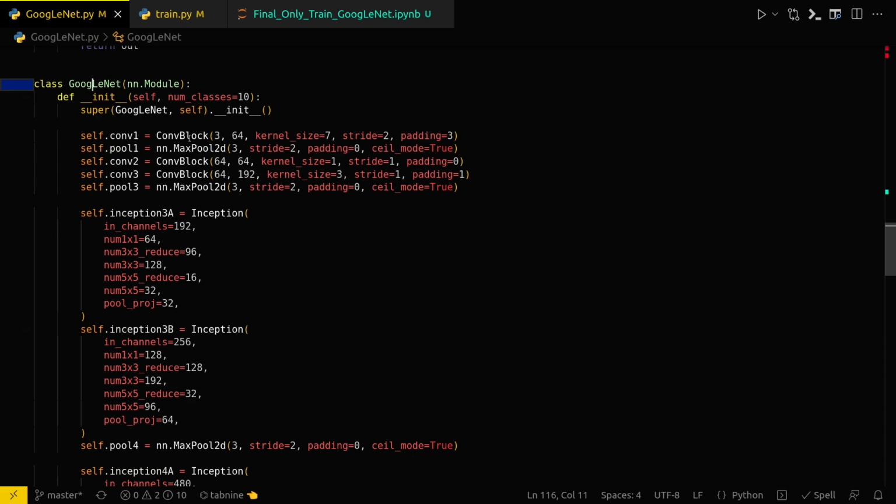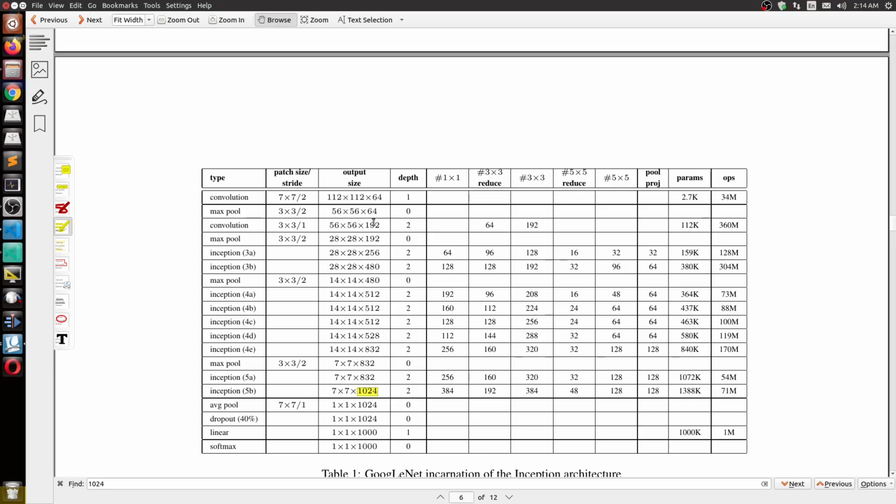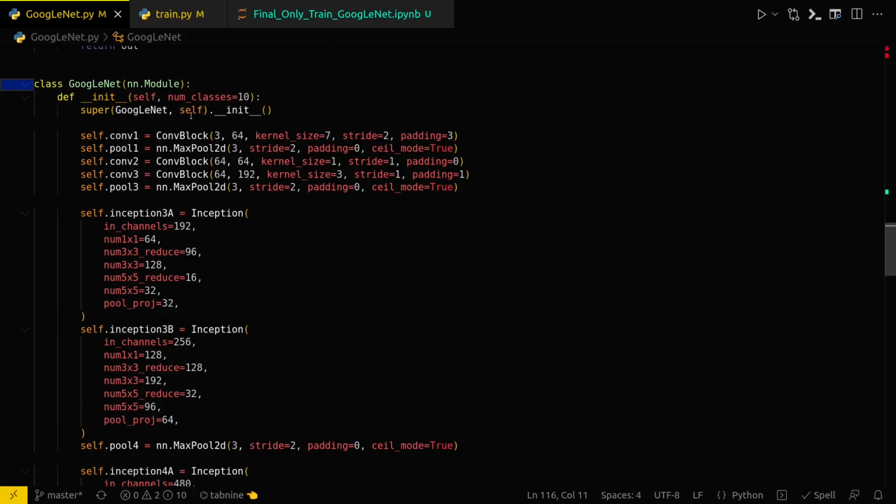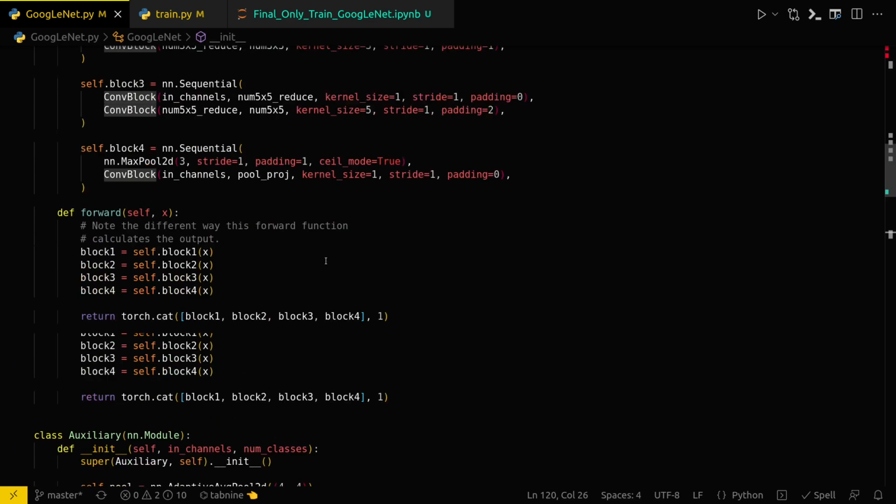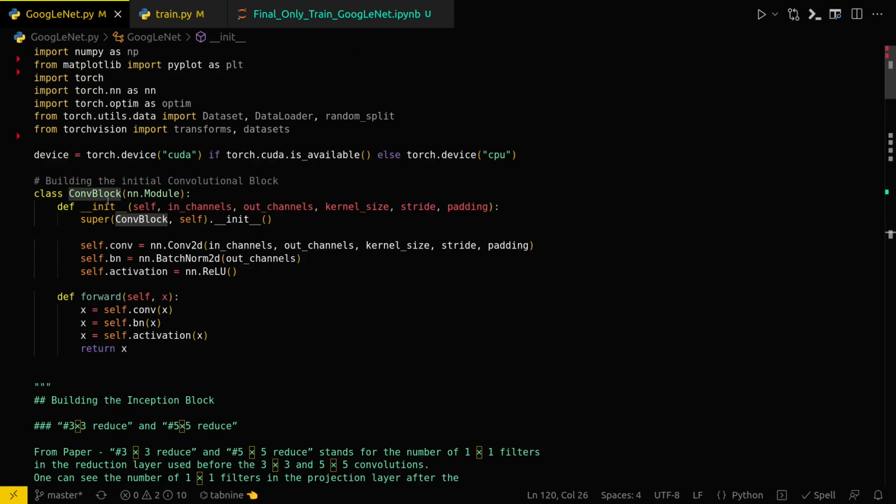So first is the conv block. On the first convolution, looking at the table, I have to do a 7x7 filter with a stride of 2, and the output size from this needs to be 64. And that's what I am doing here. First conv1, that is, I'm implementing this conv block that we wrote earlier. It takes in channels, out channels, kernel size, stride.